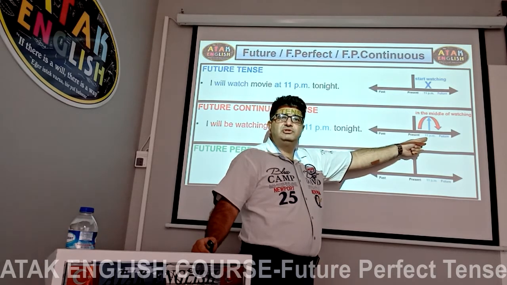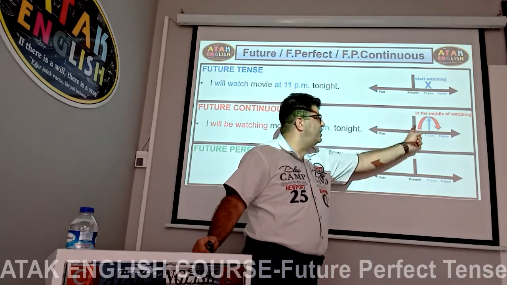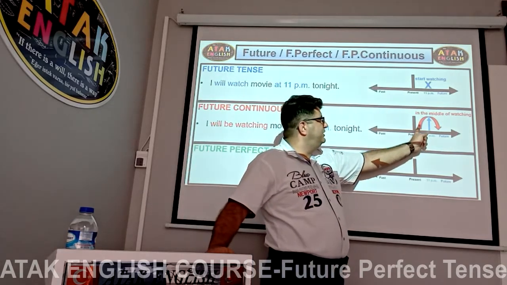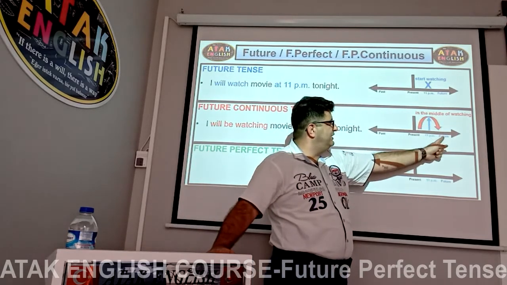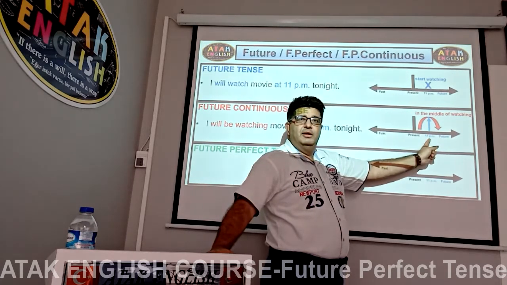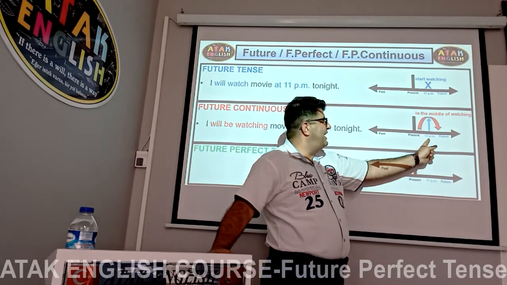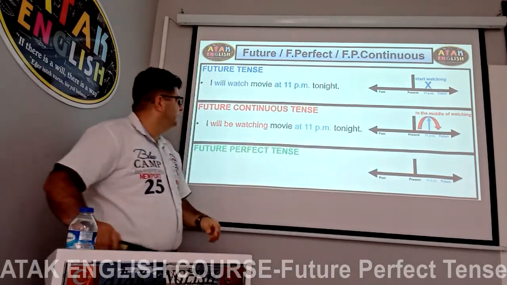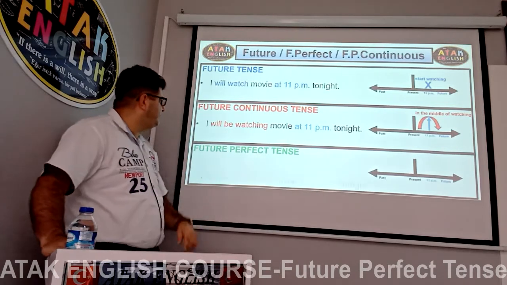11 is going to be the middle of watching. Why? Because I'll start watching the movie here, the movie finishes somewhere here, but I'm trying to express that at 11 I will be watching the movie. What about future perfect tense?